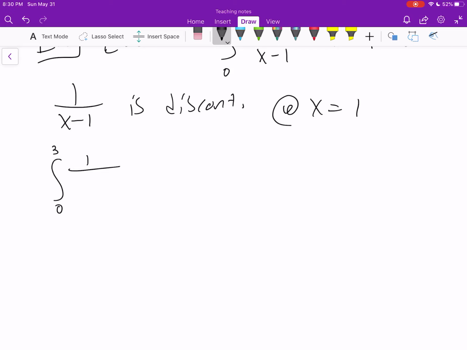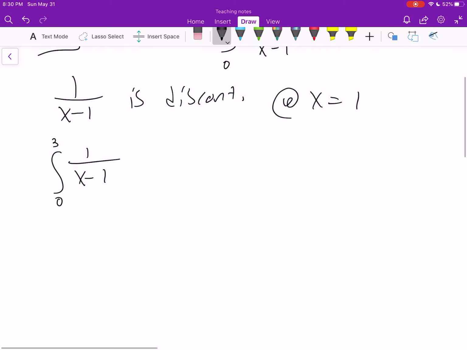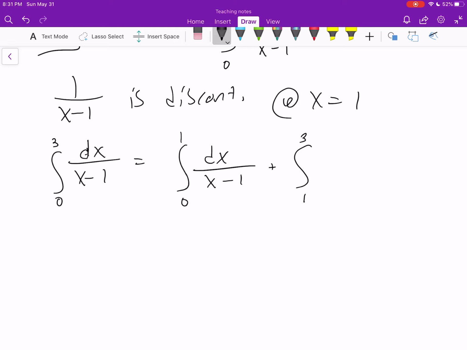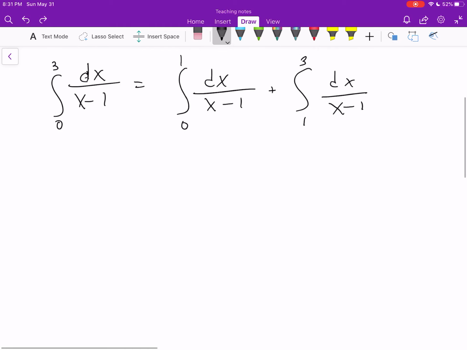So the integral from 0 to 3 of dx over x minus 1 is going to be the integral from 0 to 1 of dx over x minus 1 plus the integral from 1 to 3 of dx over x minus 1. And now we treat these like we would the improper integrals we've seen before.